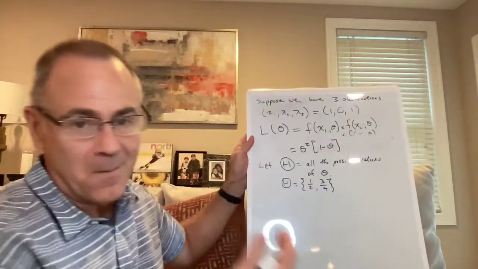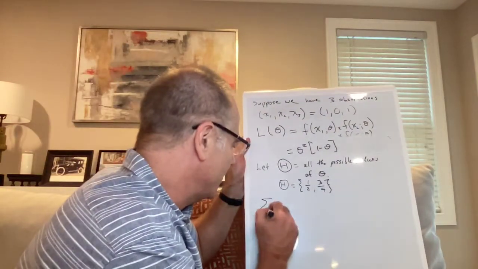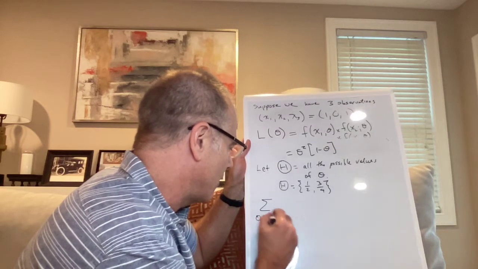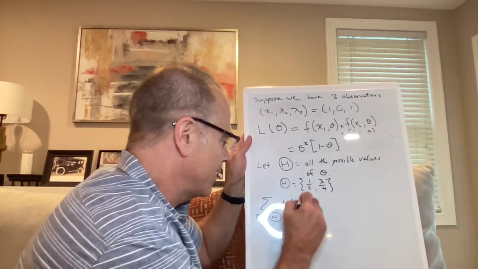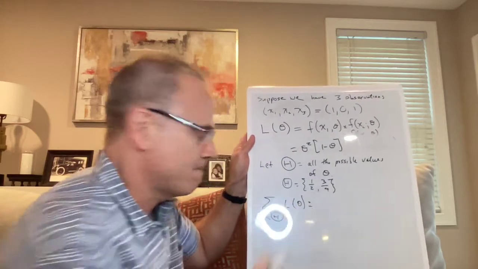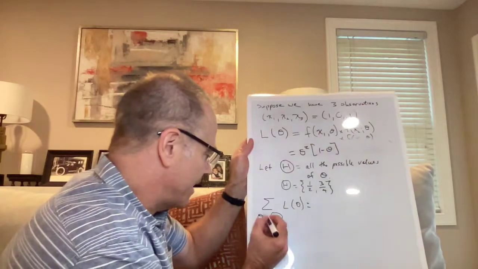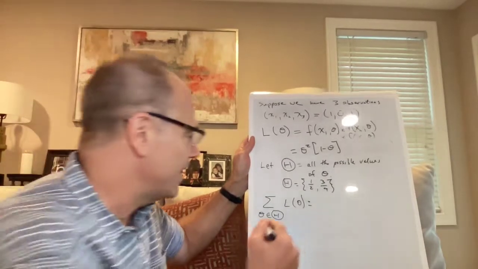If we summed all the rival hypotheses, we would sum over all the possible values of theta, of L of theta. Here's what we would get.